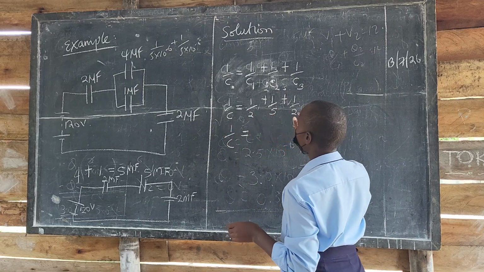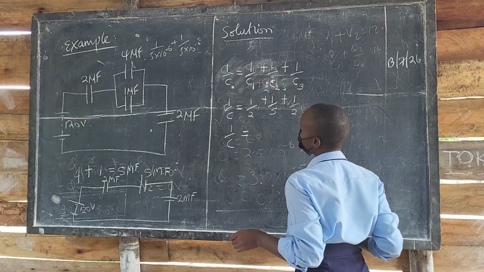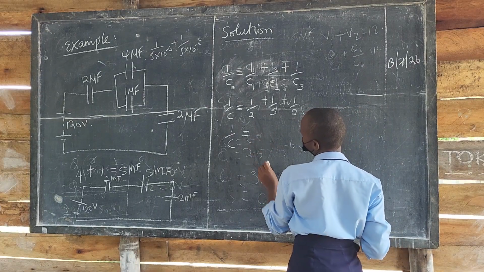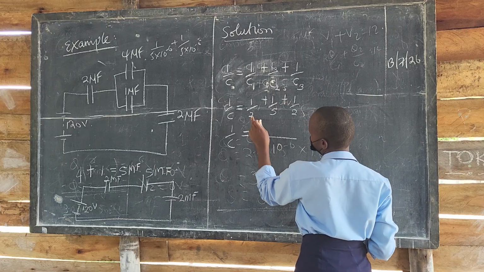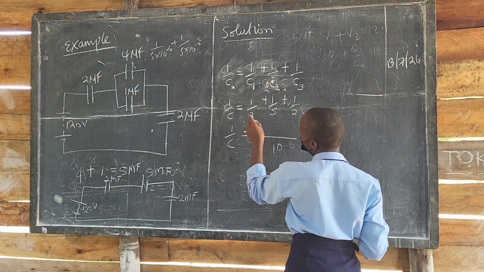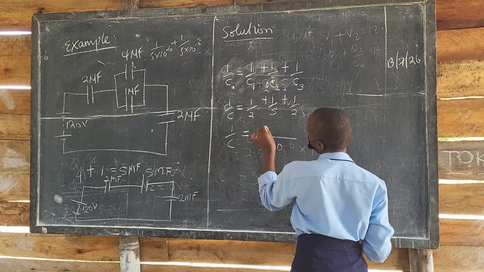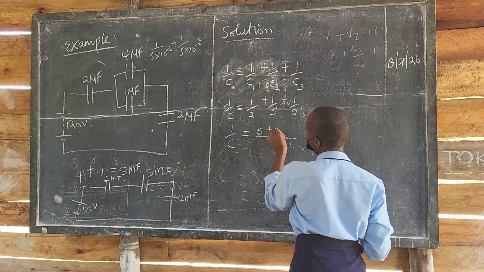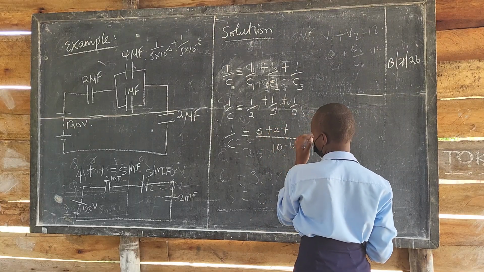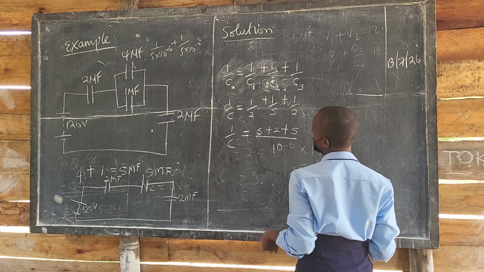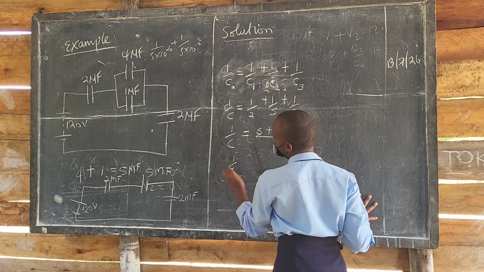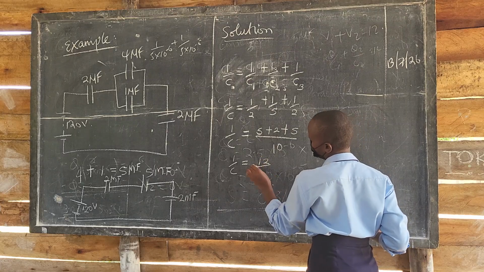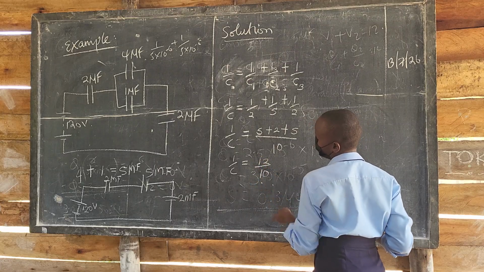Here 1 over C equals 2. Then we find the LCM of these ones. That is 10. And we get 10 divided by 2, 5 times 1 is 5, 10 plus 2, 10 plus 5. So I get 1 over C equaling 12 over 10.